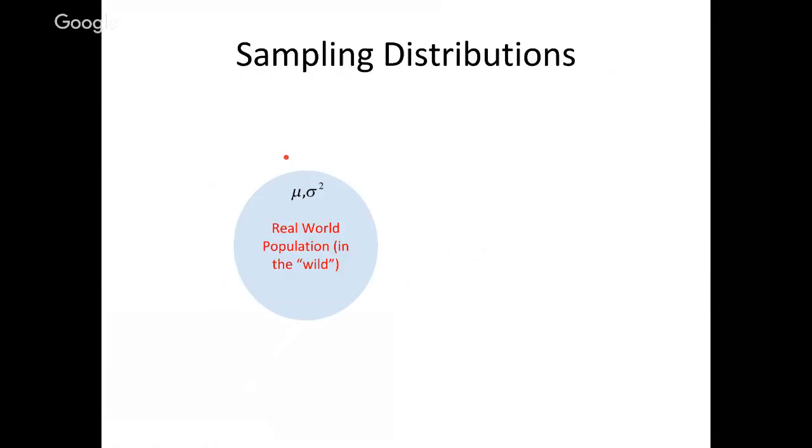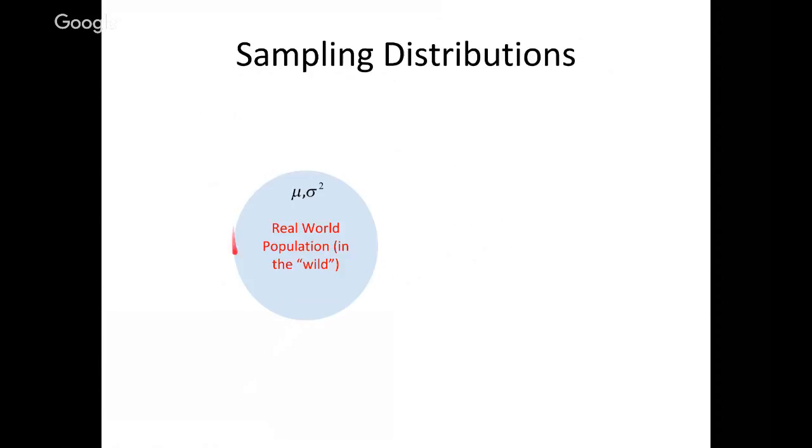I'm going to start by giving you a conceptual picture of what we're talking about. Imagine that there's a real-world population of values, out there in the wild, that are characterized, we're going to assume, by a single population mean mu and a single population variance sigma squared.